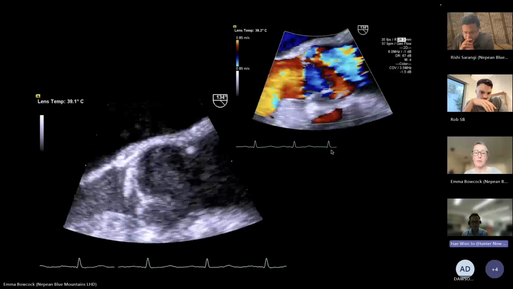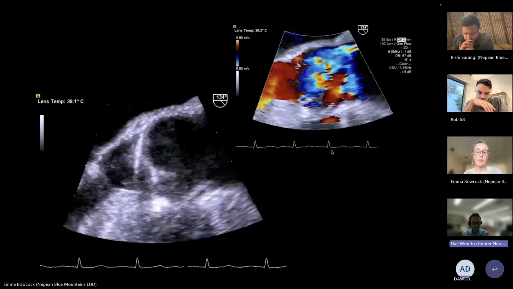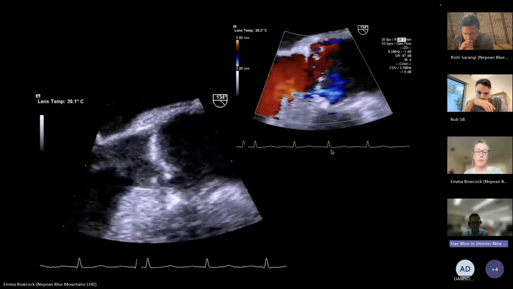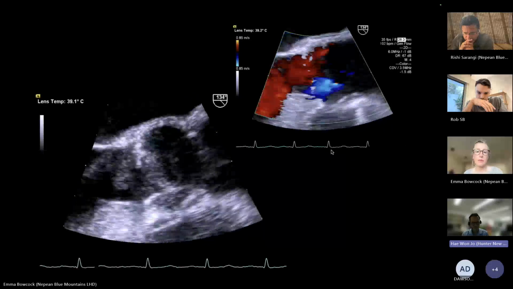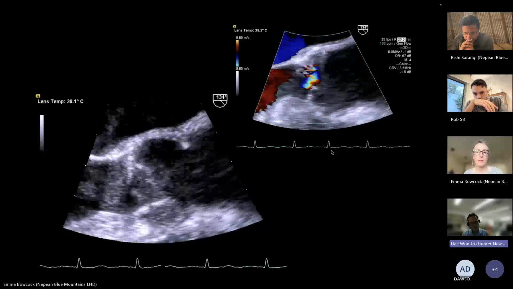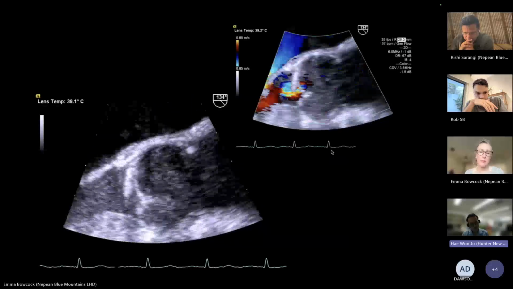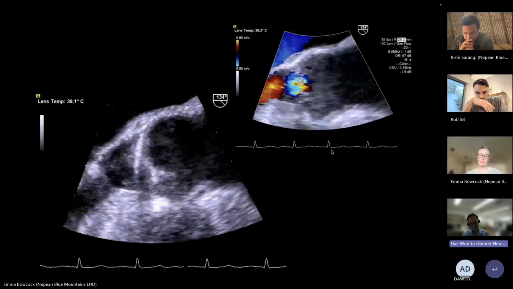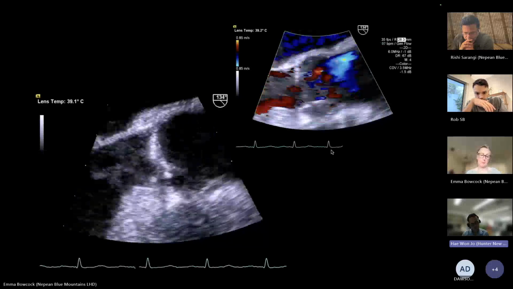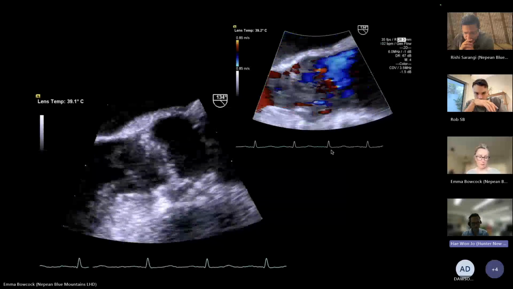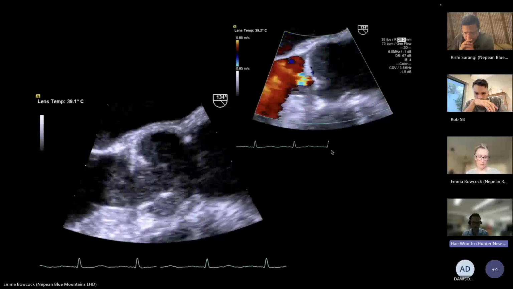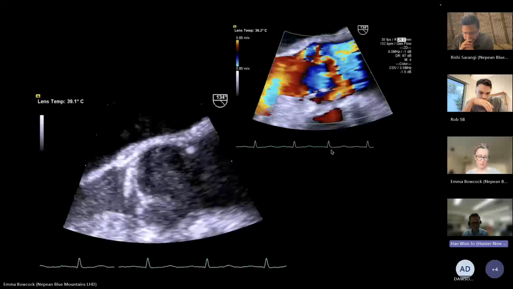Okay. So looking at the 2D appearance, it's very abnormal, especially in the non or the left coronary cusp. The right coronary cusp at the bottom of the image appears normal, but it could either be the non or left coronary cusp on the top of the screen.